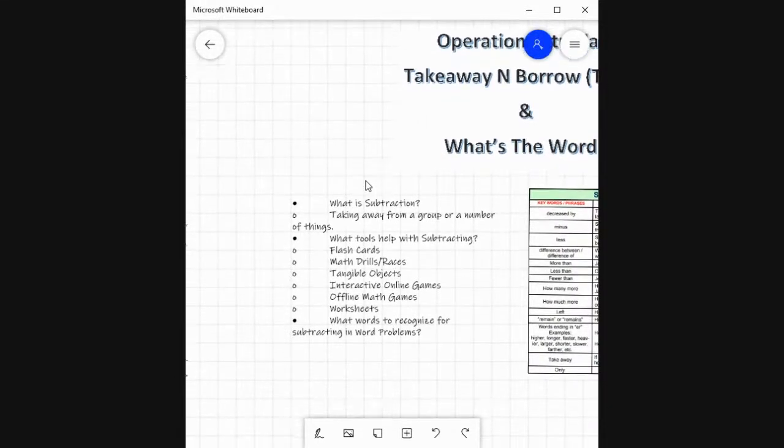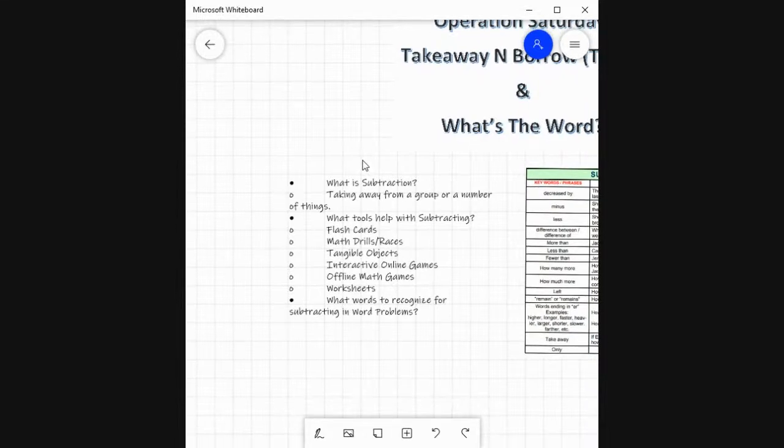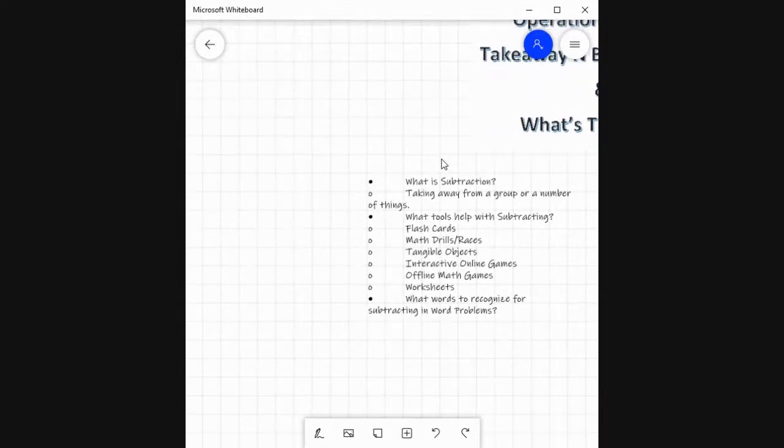First things first, what is subtraction? Subtraction is taking away from one group and giving to another, or simply just taking away from a group or number of things.